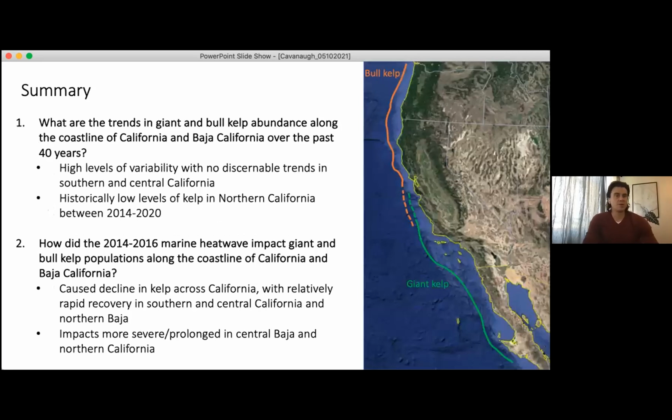And then just to summarize the talk: on large scales, if we think about the state of kelp in California, for much of central and southern California and northern Baja, there is a lot of variability, but no clear discernible trends. So I wouldn't say that kelp in Southern California has declined over the last few decades. It has shown a high amount of resilience to these climate disturbances.